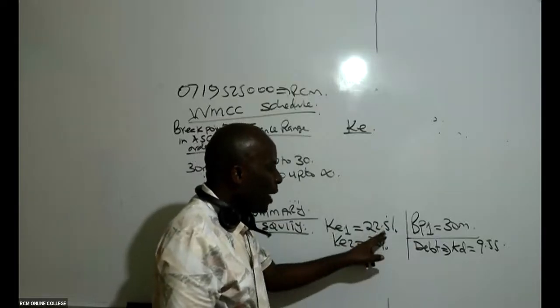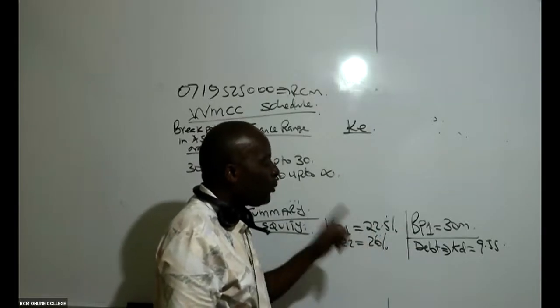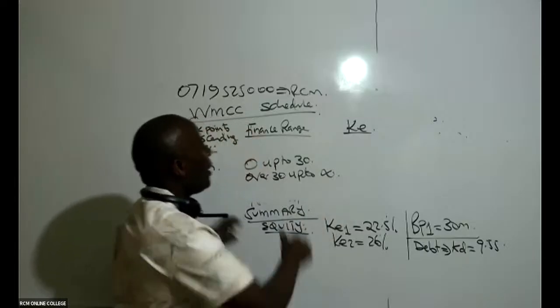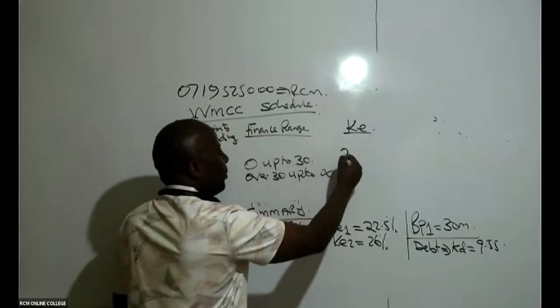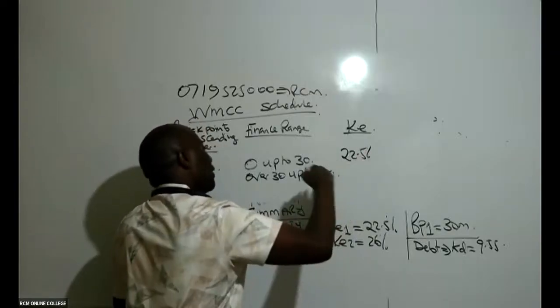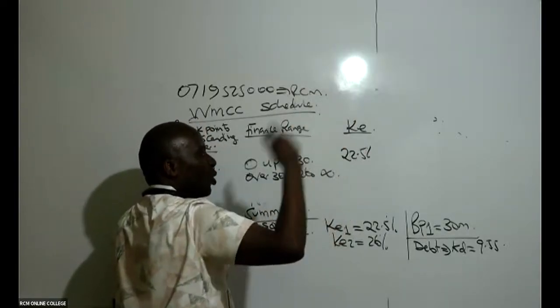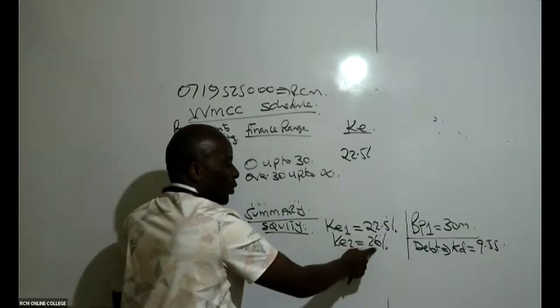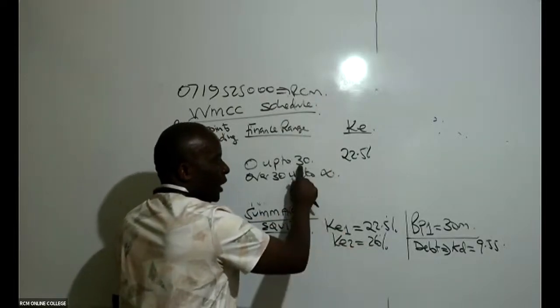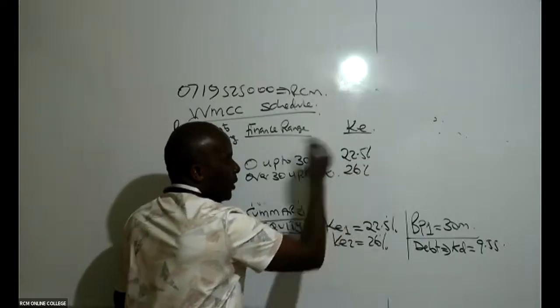Up to 30 million, it will be 22.5. Beyond that, we take a new cost of equity. Above this 30, we take 26 percent.